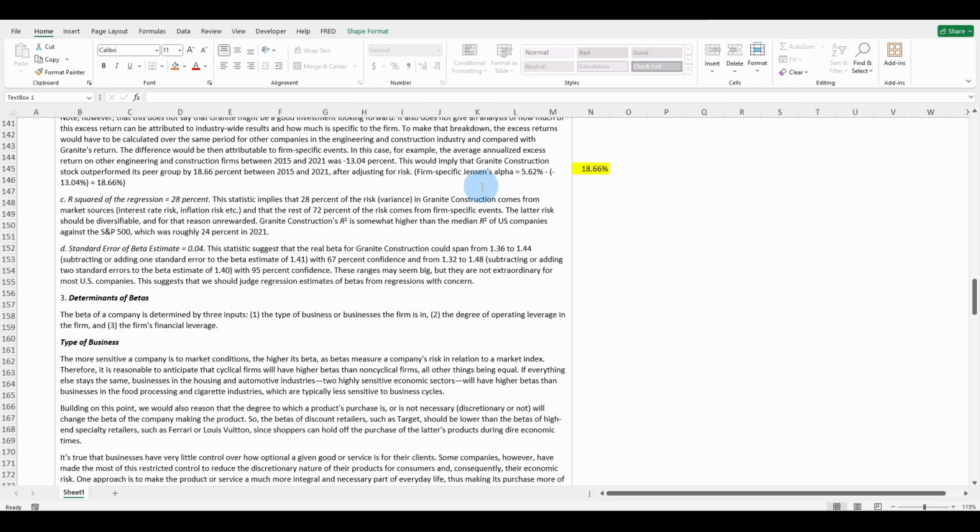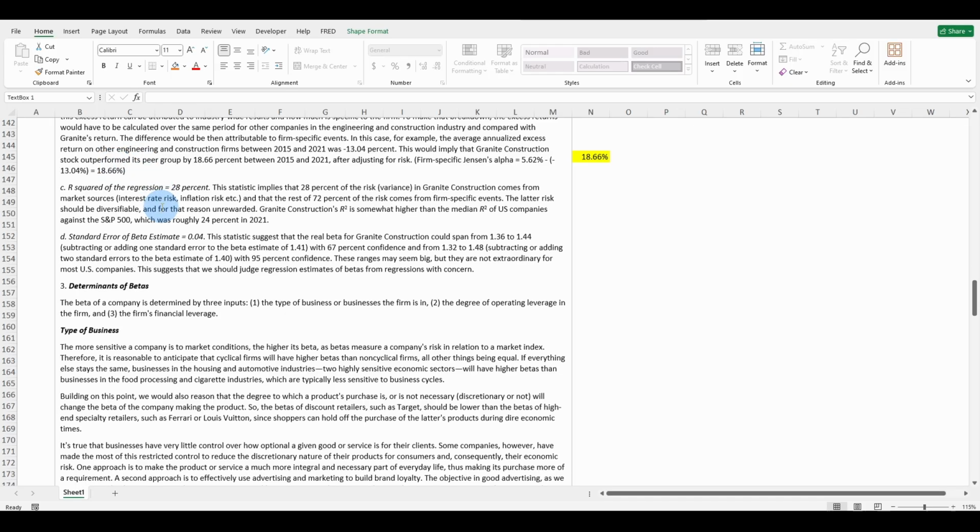This would imply that Granite Construction stock outperformed its peer group by 18.66% between 15 and 21 after adjusting for risk. Firm-specific return equals 5.62 minus negative 13.04 equals 18.66.